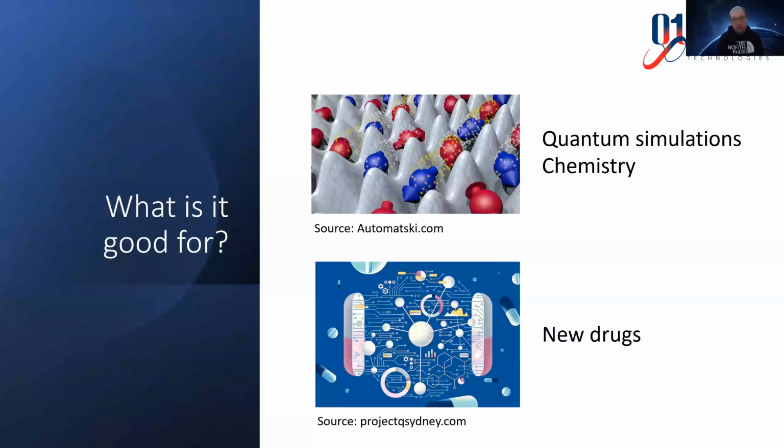Simulation of quantum systems is another application of a quantum computer, which could revolutionize chemistry and the production of new medications. However, keep in mind that quantum computers are not necessarily faster than classical computers in all types of computations. Actually, in certain types of computations, they are much slower.